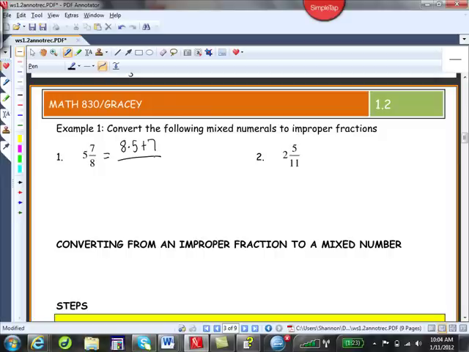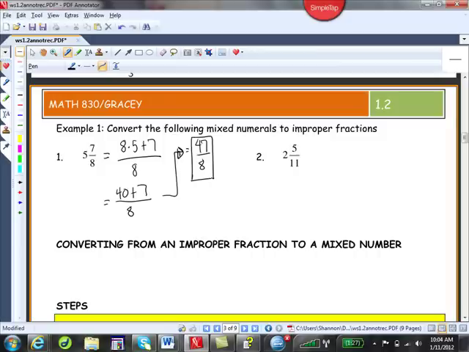All right, so here we go. I'm going to work this one out, and you can check and see how you did. So we'll get 40 plus 7 all over 8, which is 47/8. And we put our happy box to show that we're done.